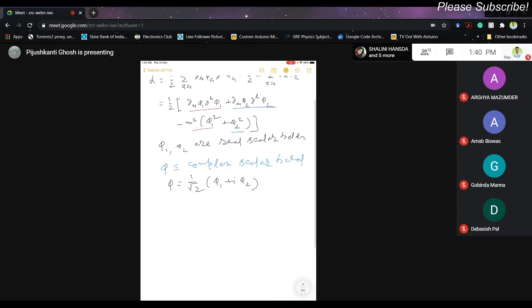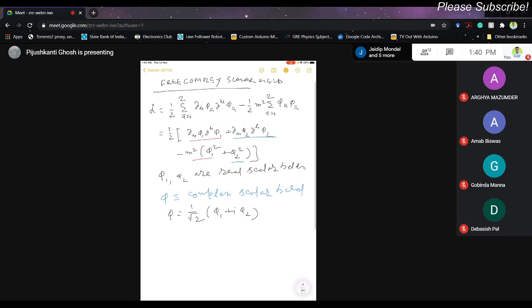z = x plus iy. Here I have done the same thing, phi 1 plus i phi 2, and for convenience I have used a normalization factor 1 by root over 2. If you prefer otherwise, there will not be any problem. Okay, now again this is a homework supplied to you, that this is very easy.